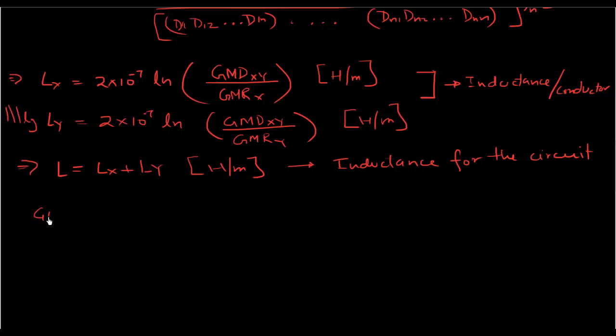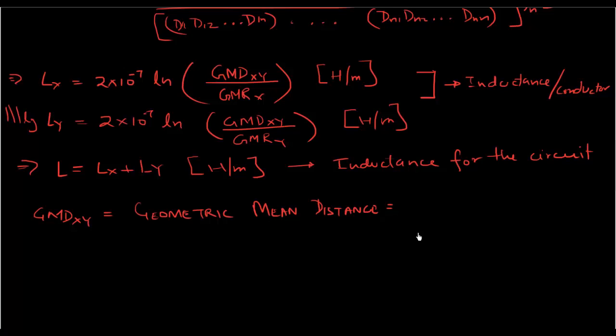So your GMD X to Y is the geometric mean distance.